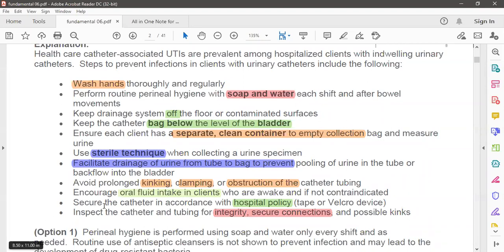And also secure the catheter following all of the rules and regulations of hospital policies. Inspect the catheter and tubing for any kind of integrity problem. Also, check that the connection is secure.